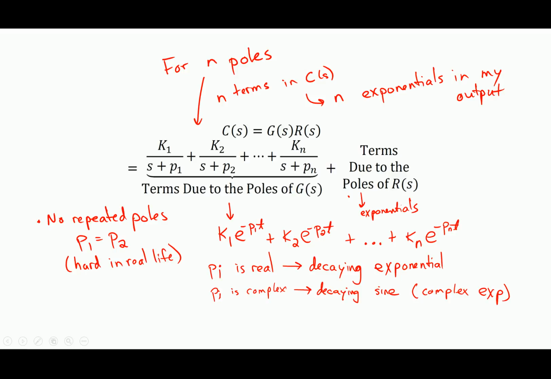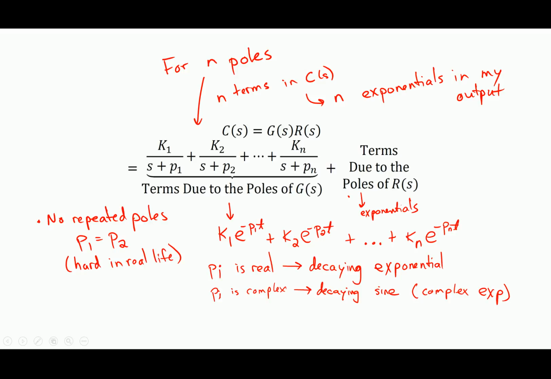Generally speaking, if I look at any one of these terms by itself, it just so happens that it looks like a first order system by itself. This guy looks like a first order system by himself. This guy looks like a first order system by himself. Only if my poles are complex do I really need to think about things as being second order systems.